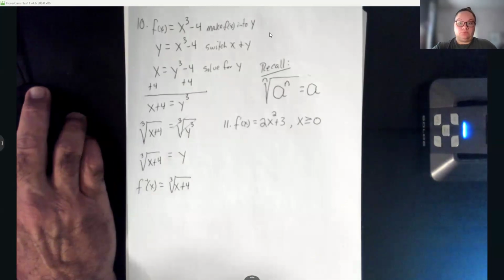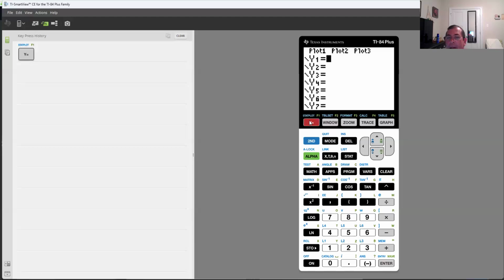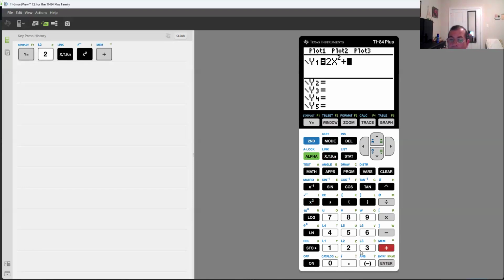So I'm just going to go to calculator. I'm just going to graph that function, 2x squared plus 3, without any restrictions so that y'all see what's happening.